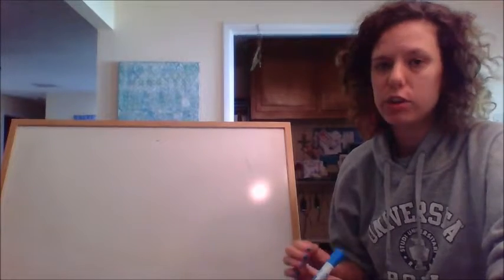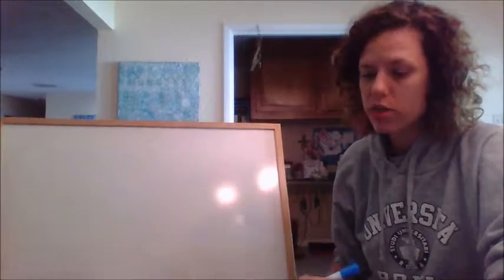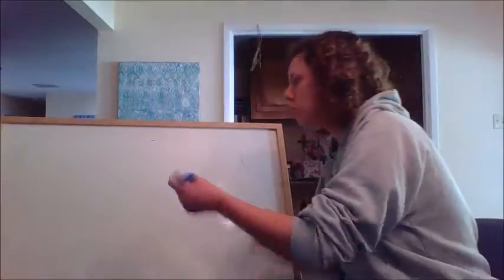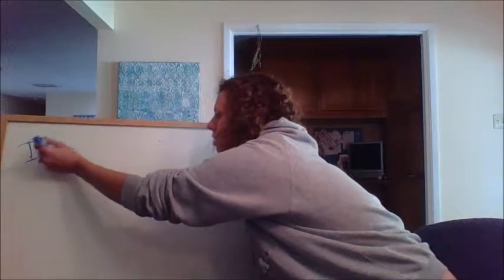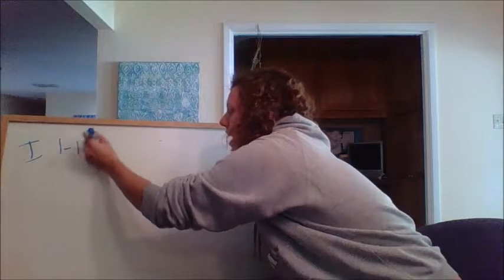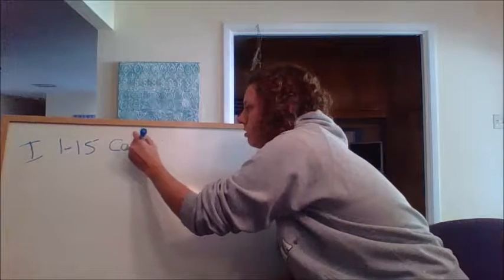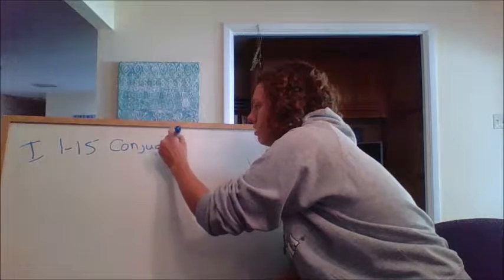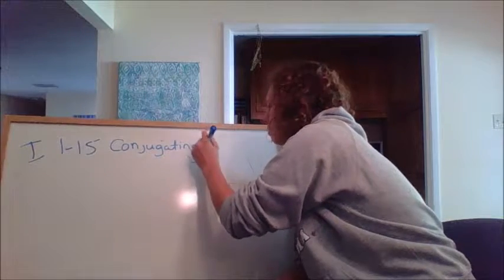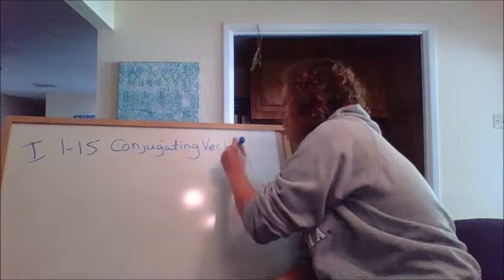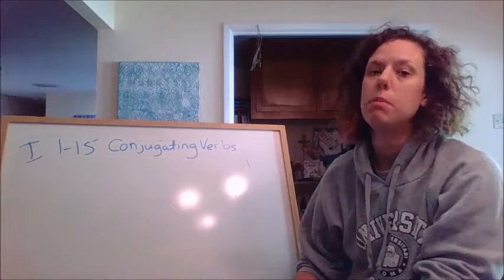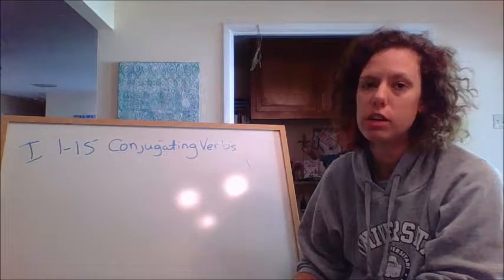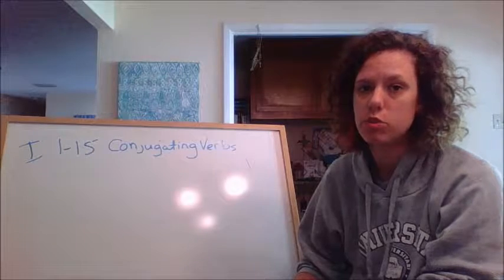The first section is questions 1 through 15, and it is conjugating verbs. I think we talked about this in class, but conjugating a verb means that you change the verb based on the subject.